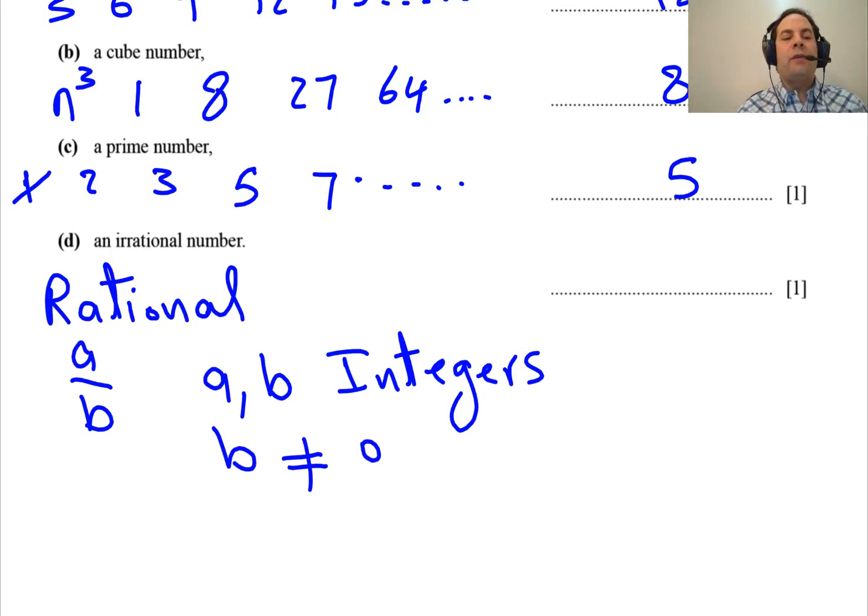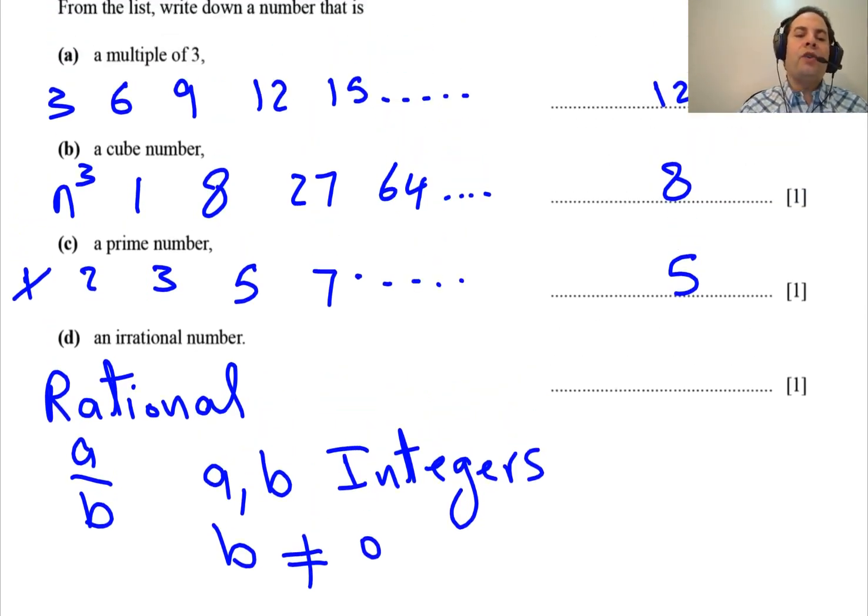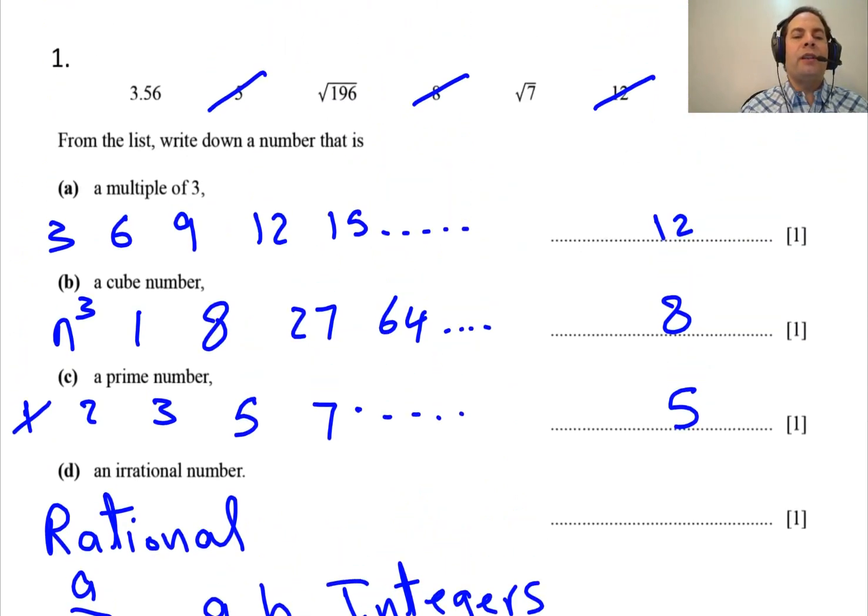So, starting from the first number, which one represents rational and irrational? The first one you can write as a fraction, 356 over 100, where 356 is an integer and 100 is also an integer. So this number is rational.